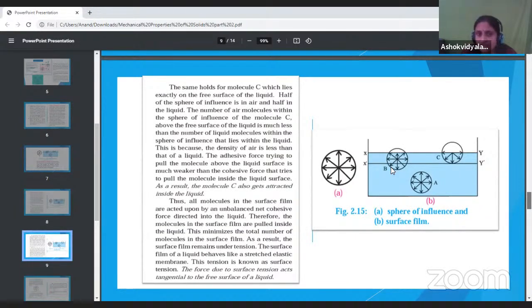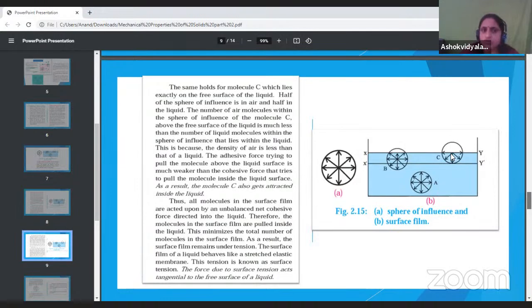Half of the sphere of influence is in air and half is in liquid. आता इकडे बघा, पॉइंट सी हा काय आहे, हा बरोबर निम्मा भाग आहे, हा एअर मॉलिक्यूल मध्ये आहे आणि निम्मा हा लिक्विड सरफेस मध्ये आहे, बरोबर आहे. ह्या XY च्या लाईन मध्ये तो एक्झॅक्टली सेंटर मध्ये आहे. That is, half of the sphere of influence is in air and half of this sphere of influence is in the liquid.